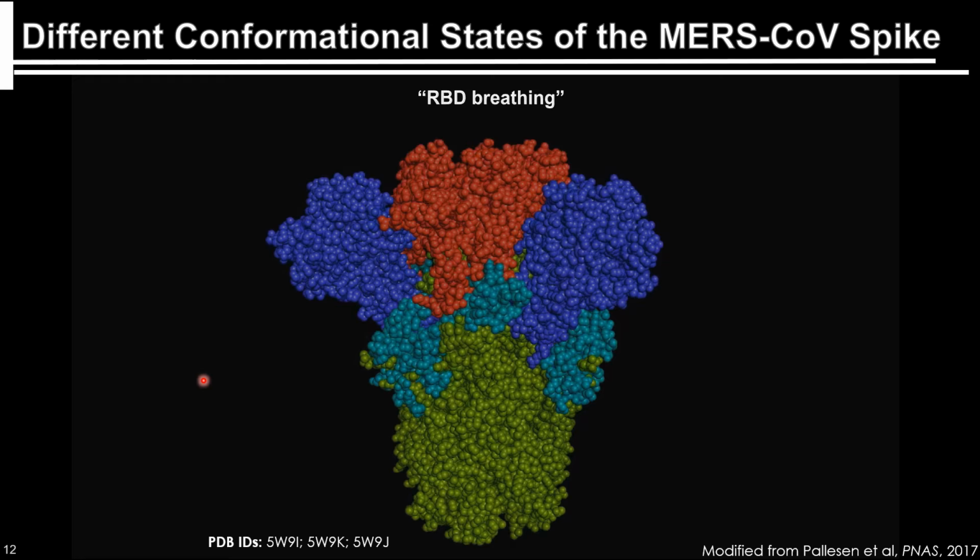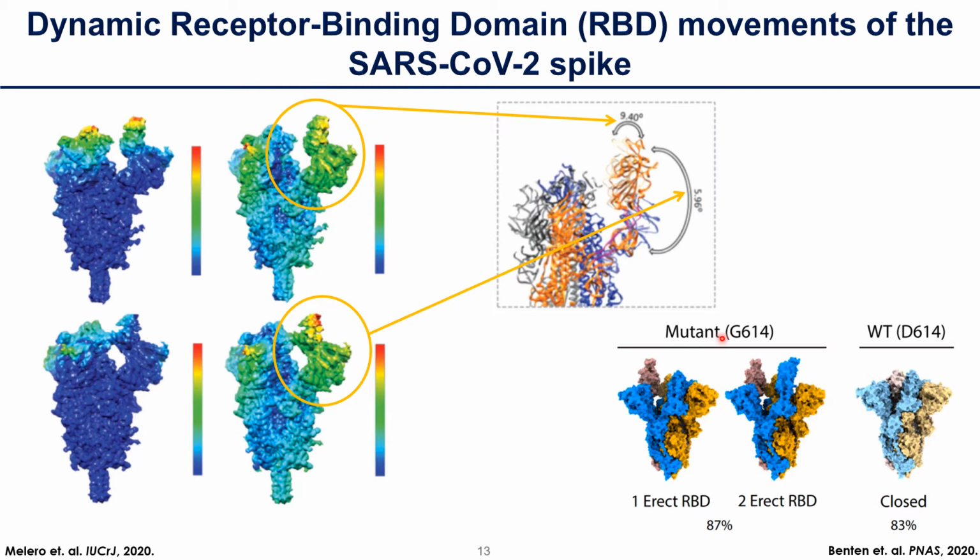However, with the publication of this study, it is clear that it is not just the specific sequence-based interaction, but it is also the dynamic interaction which governs host tropism. Hence, understanding the dynamic nature of these conformational states is more important than understanding just the sequence interaction of the host cell receptor and the spike protein.